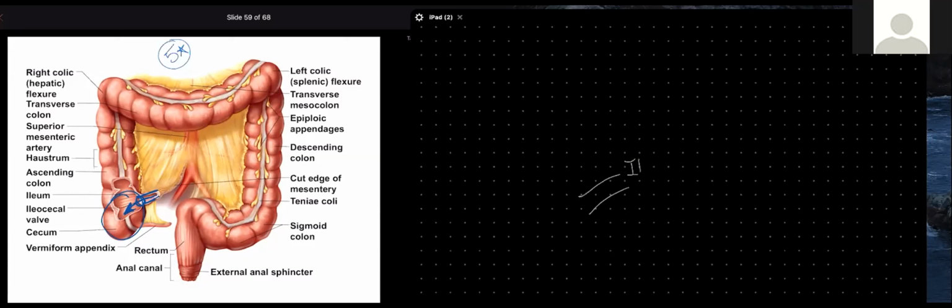If you remember, the small intestine was formed of three parts: the duodenum, the jejunum, and the terminal part, the ileum. The ileum is the longest part of the small intestine. It's going to be conducting the remaining part of the food down to a pouch-like structure. This is called the cecum.